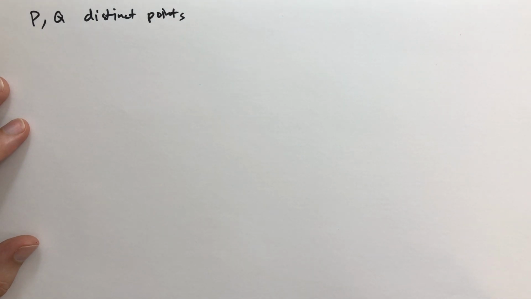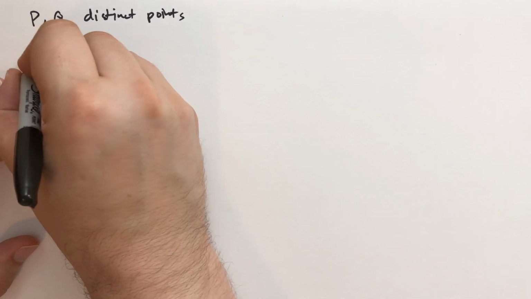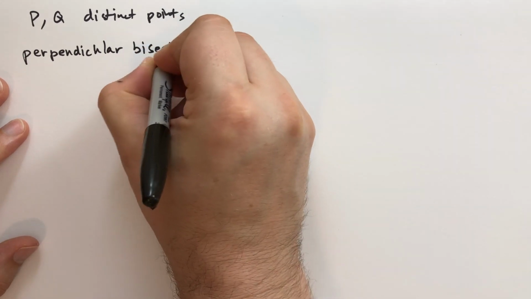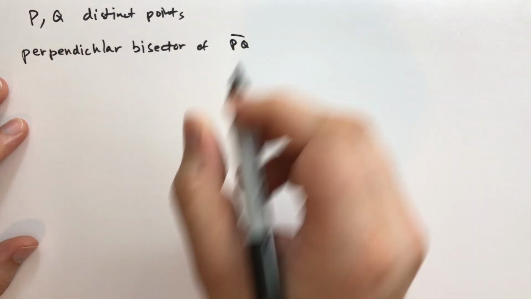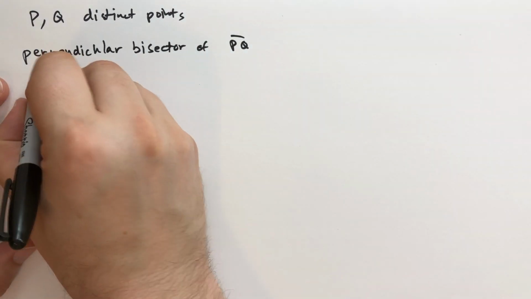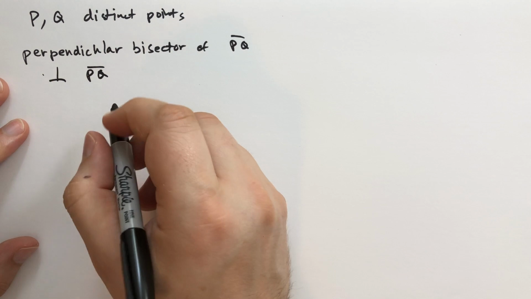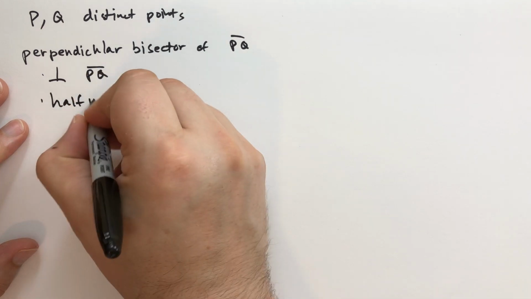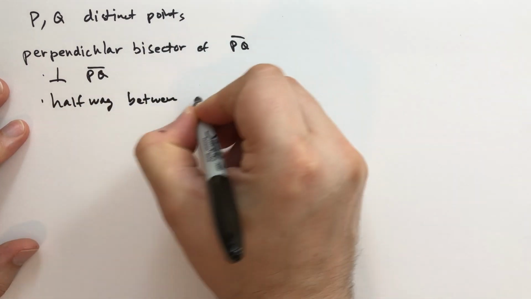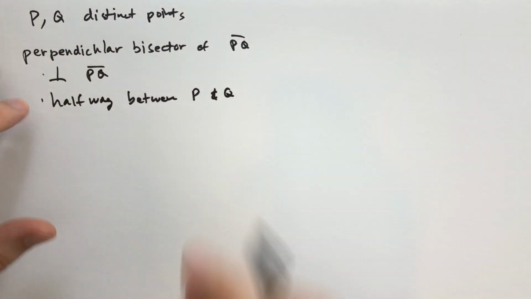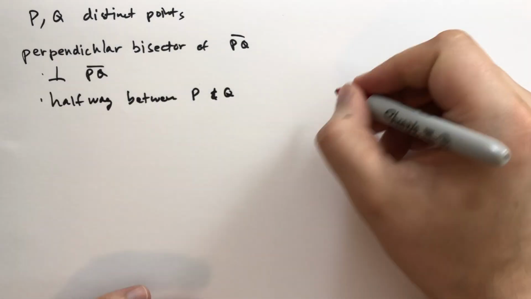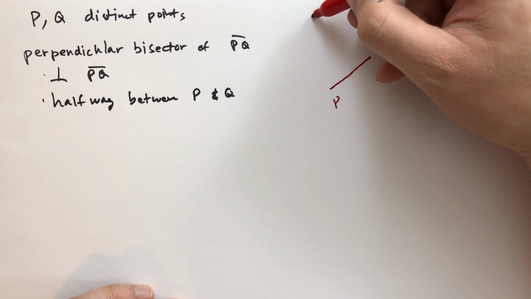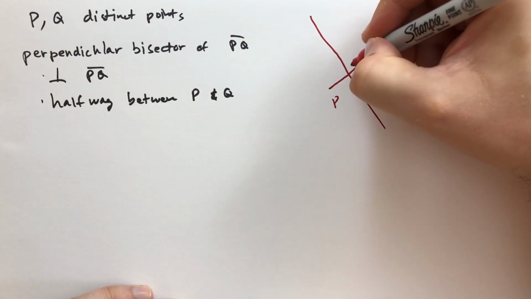We recall that the perpendicular bisector of segment PQ is the line perpendicular to the line PQ, and it's also halfway between P and Q. So graphically, we take 2 points, P and Q. We draw the segment through there, and we find a line that passes through the midpoint M and is perpendicular.